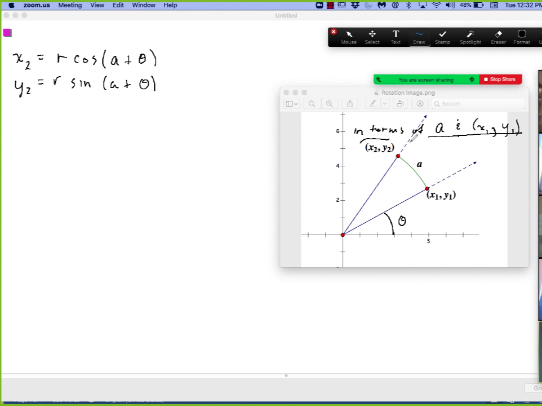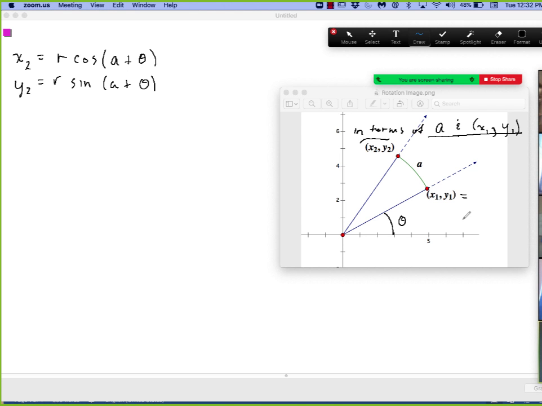All right, so let's look at the initial point. What can we say about the initial point that might help us bridge the gap here? We've got to get the initial point involved, right? There's nothing here about those coordinates. So how can we get that involved? What about this? The initial point can tell you what r is, what the radius is.